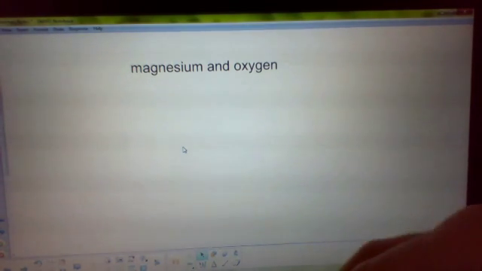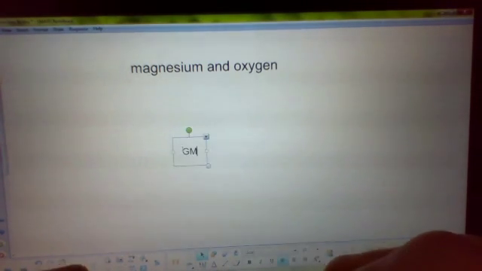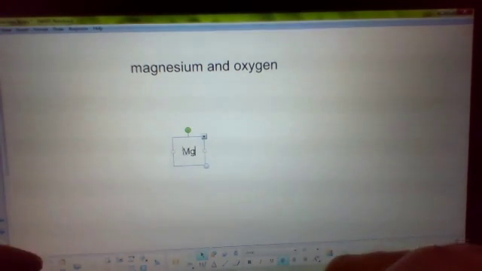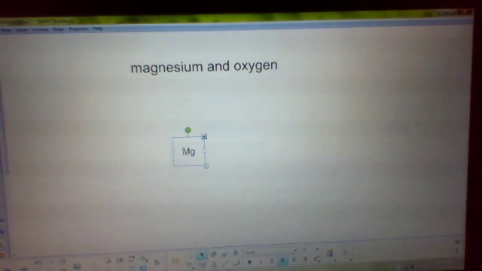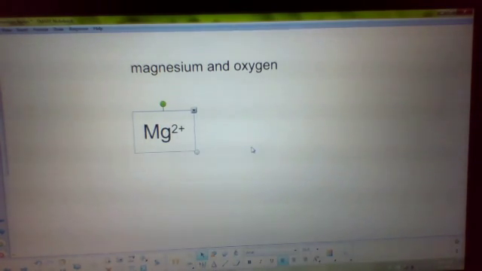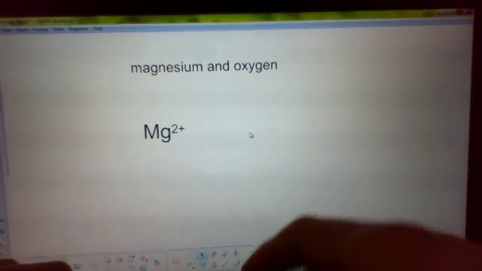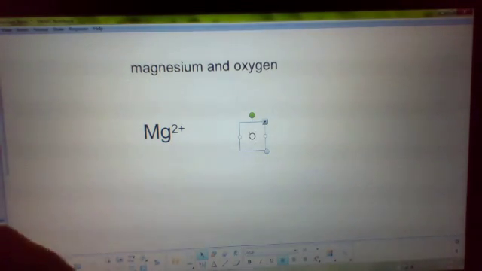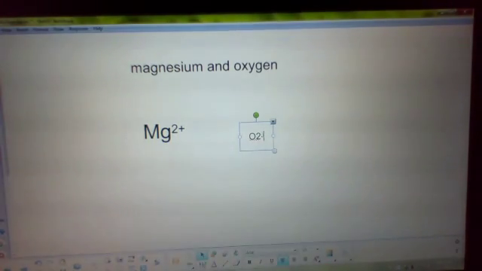We're back. We should have the symbol for magnesium as Mg. Mg, as we know, has a 2+ charge. I'm going to put this in a subscript. So that's our magnesium. Our oxygen has a charge of 2-.